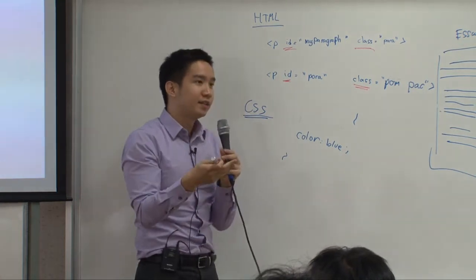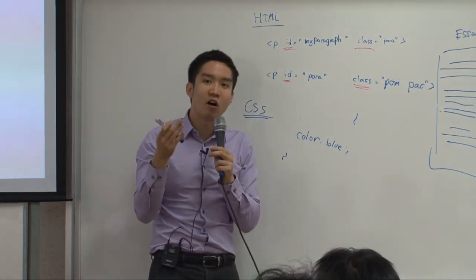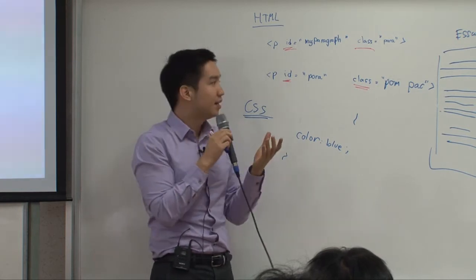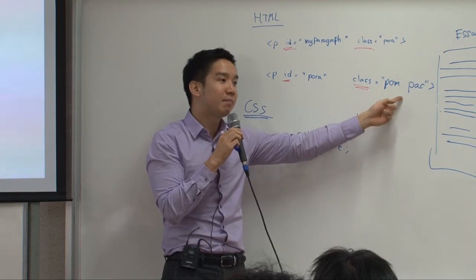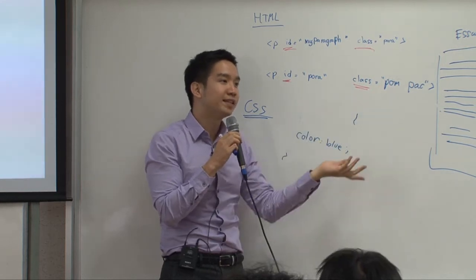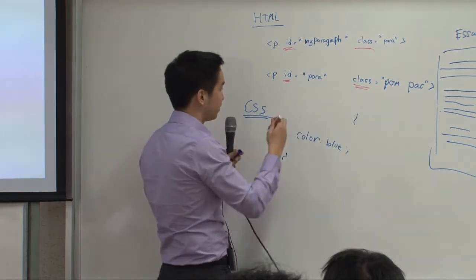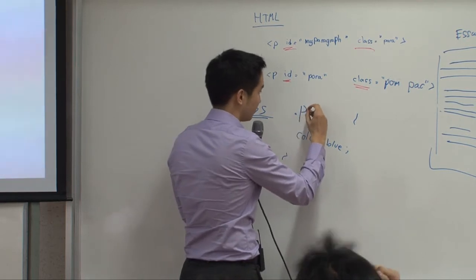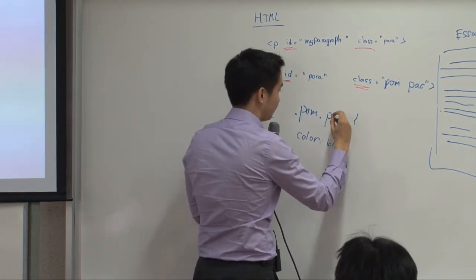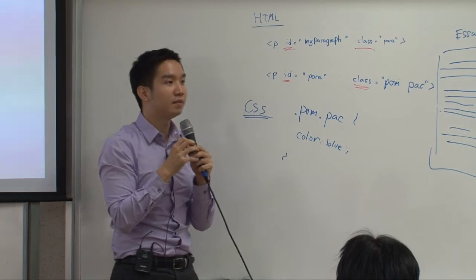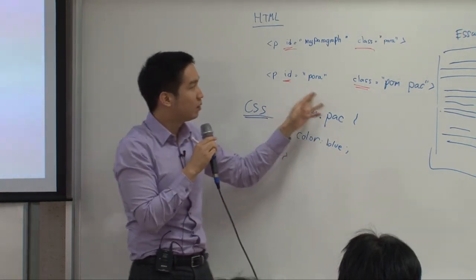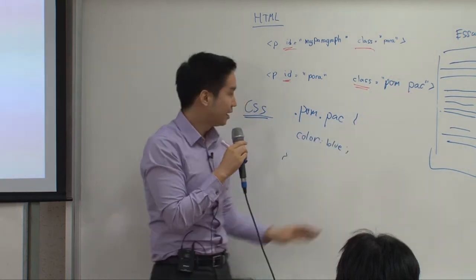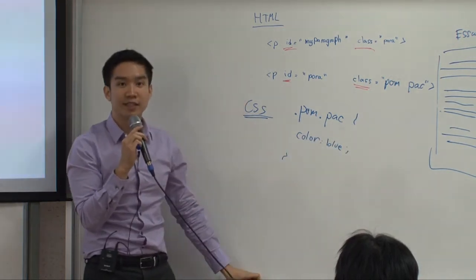If I wanted to select all elements that have class POM and pack, what would be the syntax? The syntax would look like this: .pom.pack. It would match this class. Now, it gets even more twisted, okay?